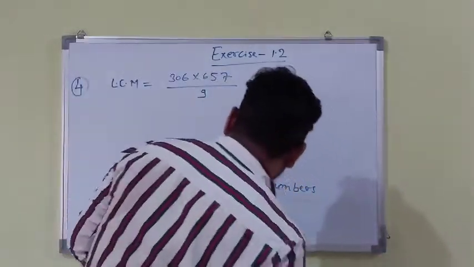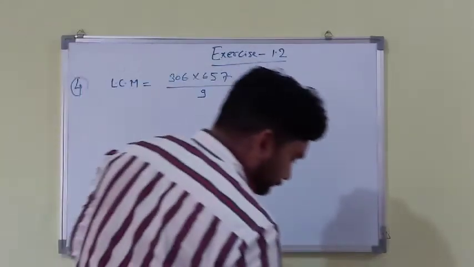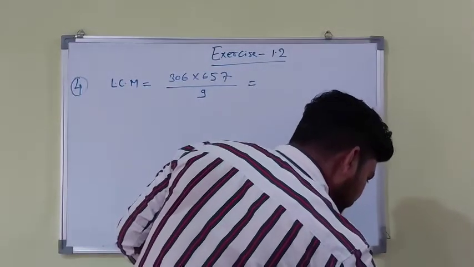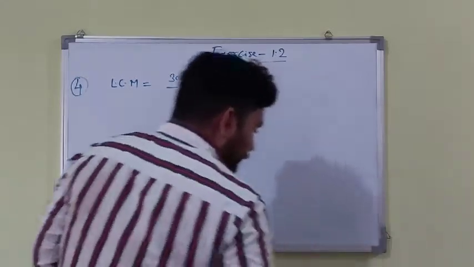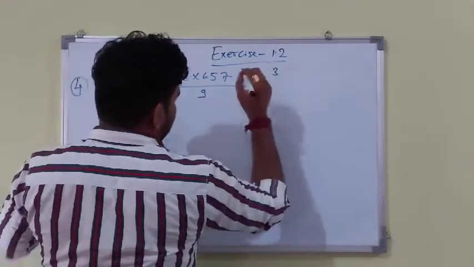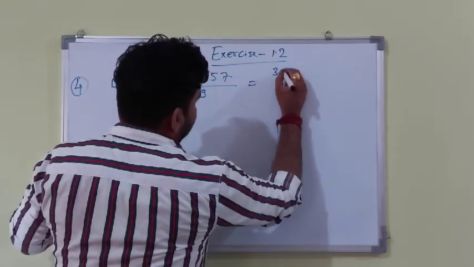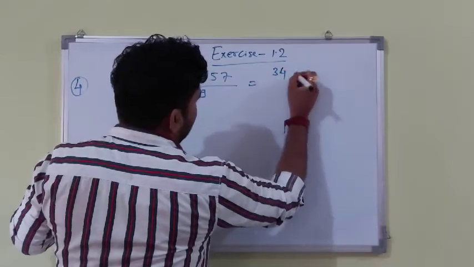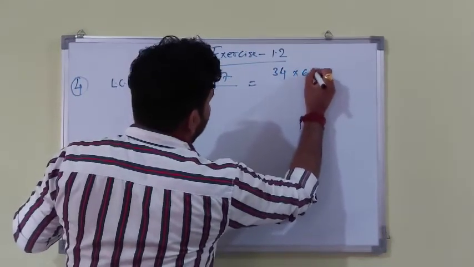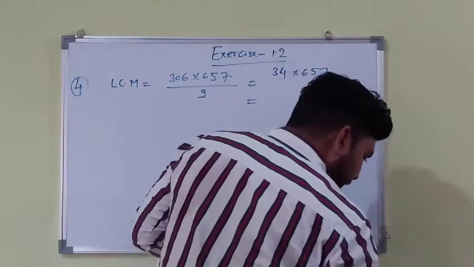First erase it from downwards. When we cancel it, 9 3s are 27 and 9 4s are 36, and multiplied by 657.